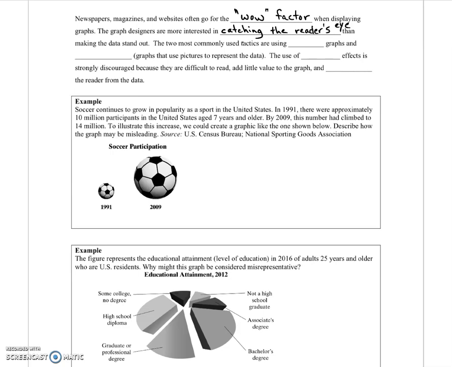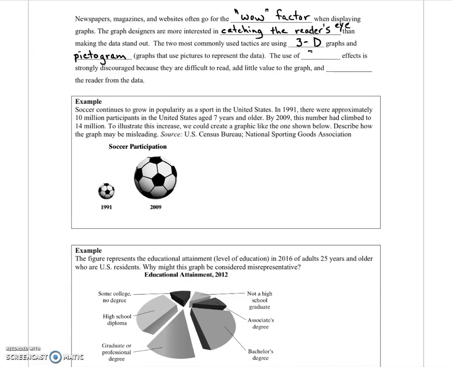So the two most commonly used tactics are 3D graphs and pictograms. So a pictogram is just a graph that uses pictures to represent the data.